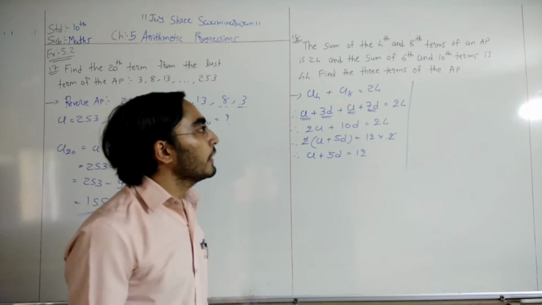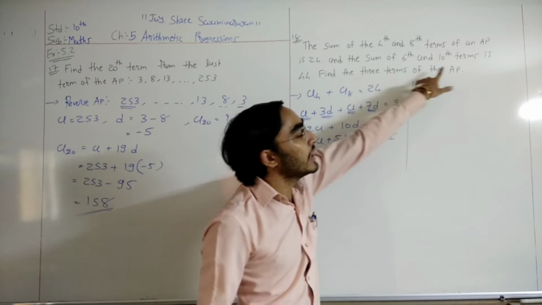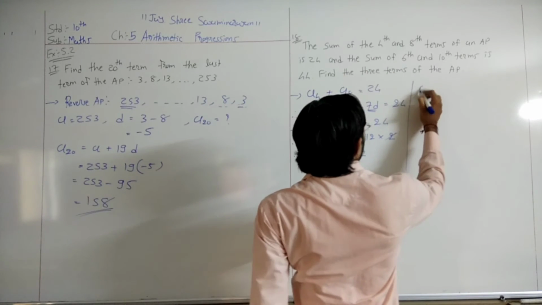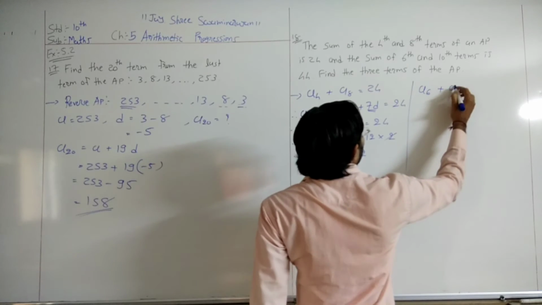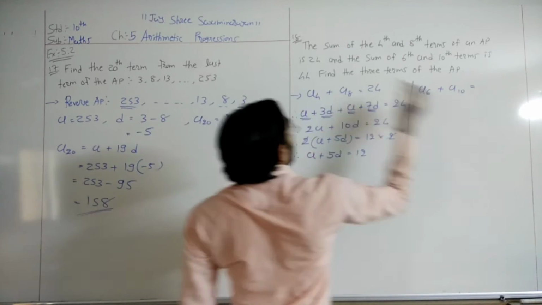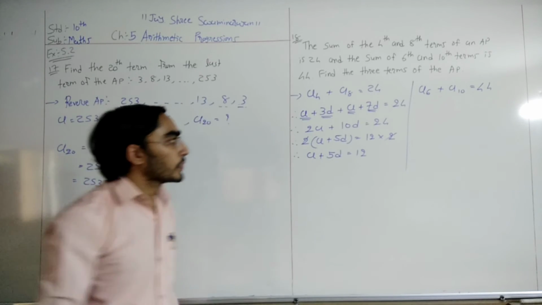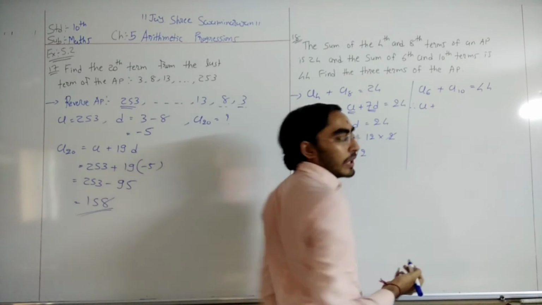Now, other thing what we have, the sum of 6th and 10th term is 44. So A6 plus A10 is 44. Now, A6 means A plus n minus 1 D, right?